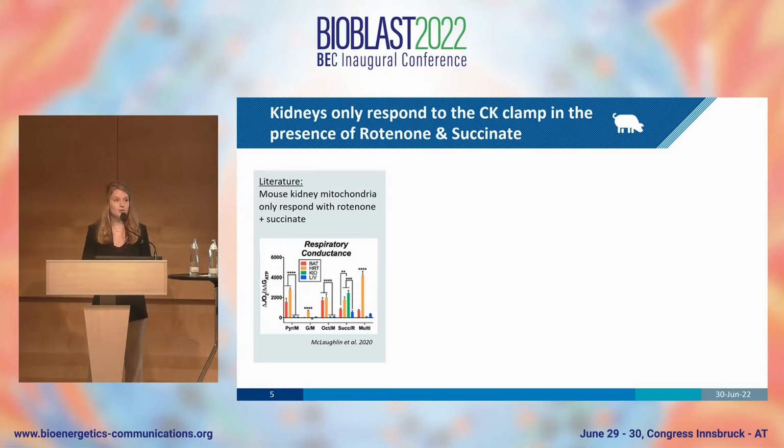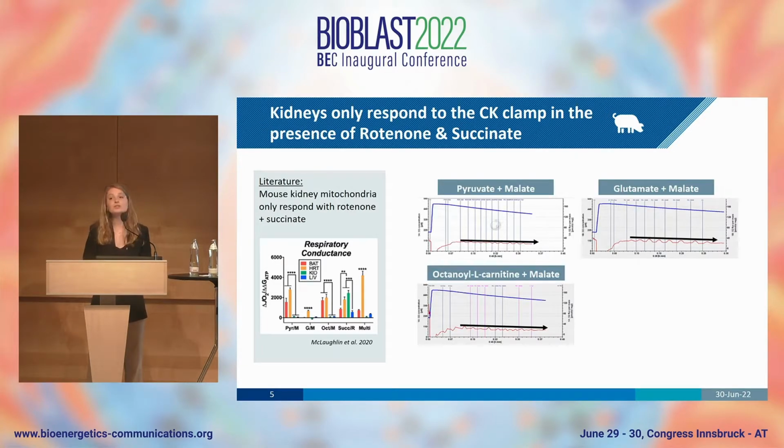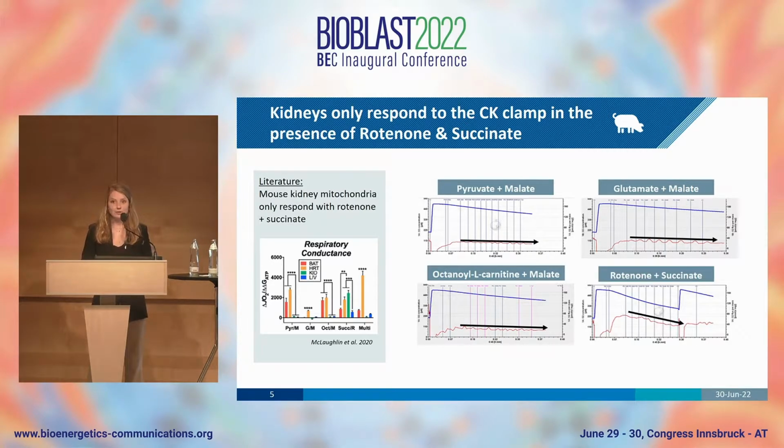We used permeabilized cortex tissue, which we exposed to the CK clamp, and we measured maximal respiration in the presence of the lowest ATP-ADP ratio, and we also measured the respiratory conductance. In line with the very sparsely available preclinical data, we saw that these porcine kidneys did not respond to the CK clamp in the presence of any of these substrate combinations. However, when we added rotenone and succinate, we did see a response.